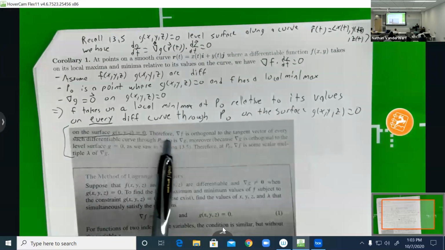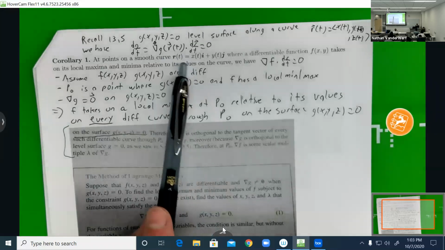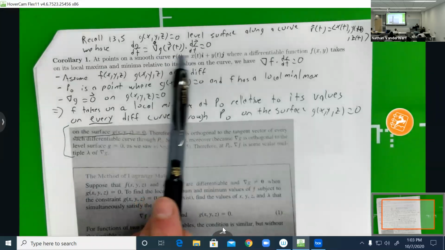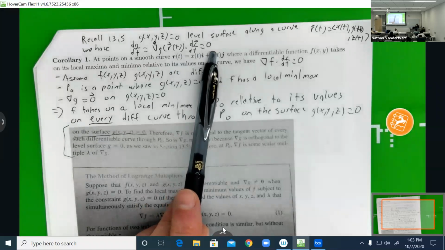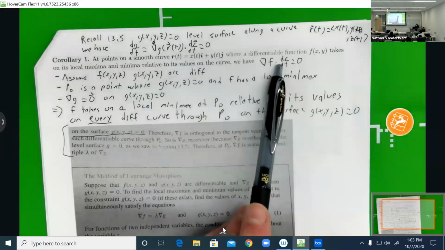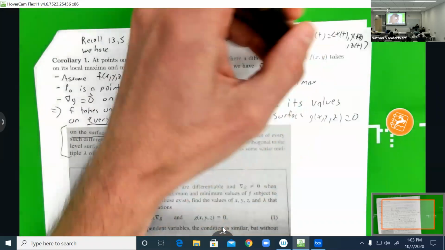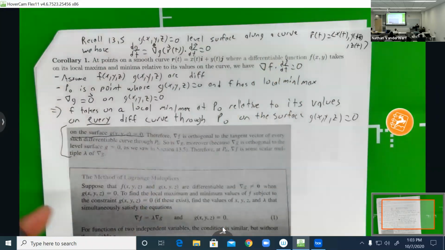So what does that mean? If both the gradient of g dot dr over dt is 0 for any single curve r, and the gradient of f dot dr over dt is 0 for any curve r, it doesn't matter whether you come from this direction on this curve or that direction on that curve, they both give you 0.